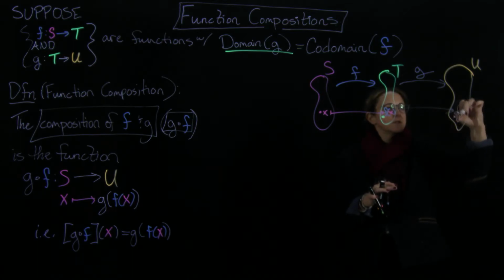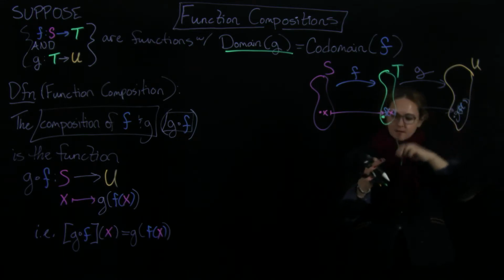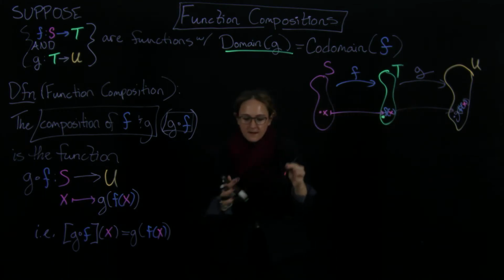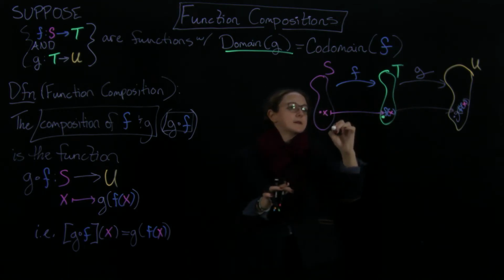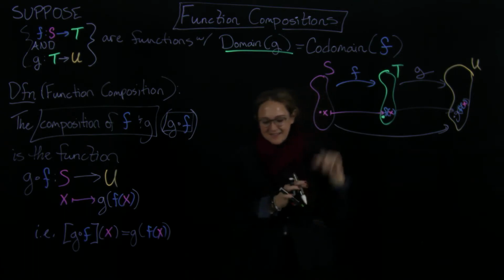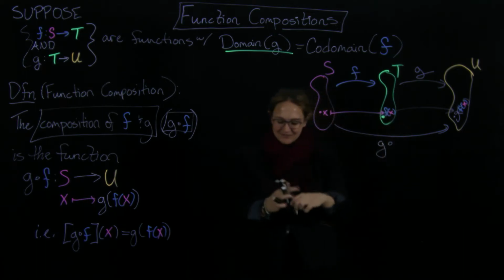So this goes to g of f of x, and this whole thing is g composed with f. This is where you're going to ask me why we are doing it this way, and I'll show you in a moment.